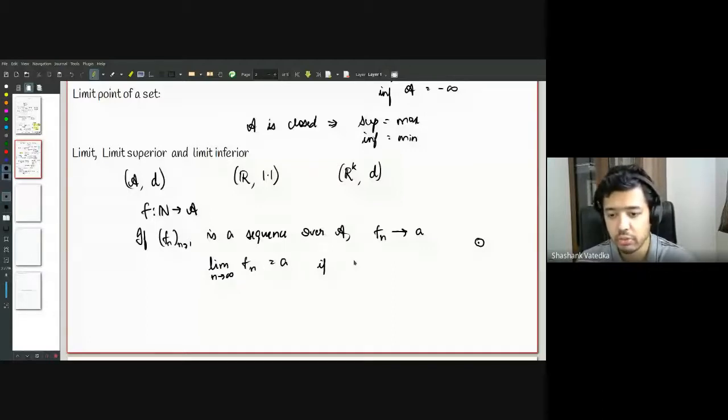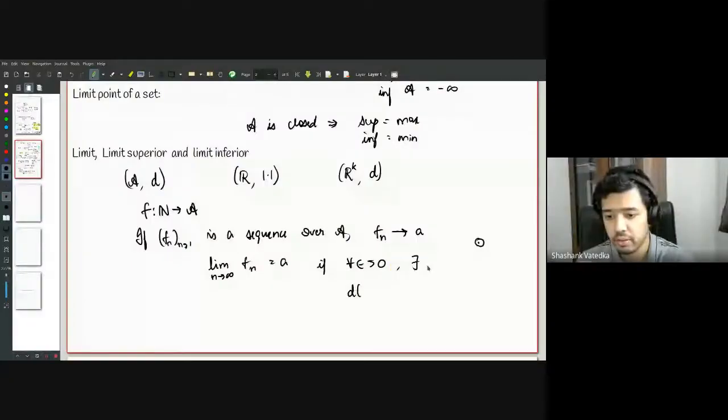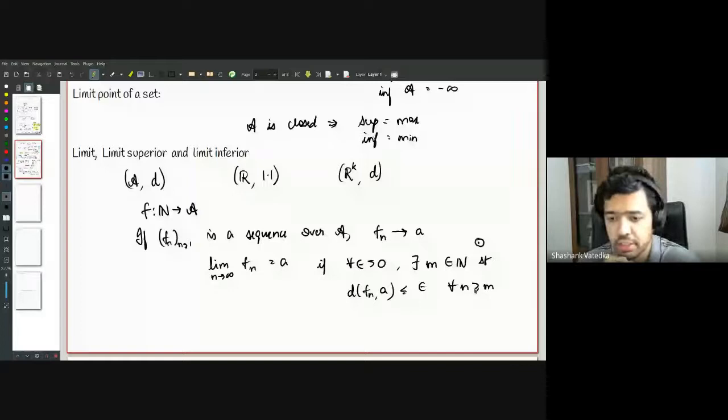So if you take any neighborhood, or if you take any epsilon greater than 0, you will always find some m such that d(f_n, a) is less than or equal to epsilon for all n greater than or equal to m. Okay, so basically for sufficiently large n, all the points of the sequence are going to be epsilon close to the limit.